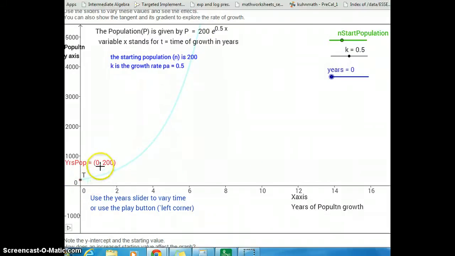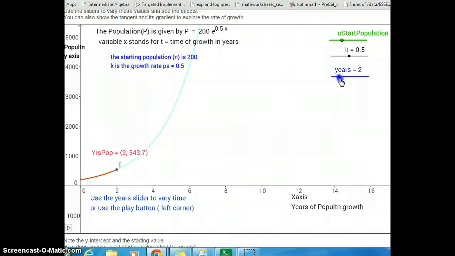So at the beginning of time we have 200 people, and then by the next year we have 329.7. Now remember that these are approximate values, so we're going to keep the decimals unless otherwise noted. You know that it doesn't make sense to have 0.7 of a person, but you don't know where these numbers are going to go after we study them with mathematics, so we're going to keep the decimals.